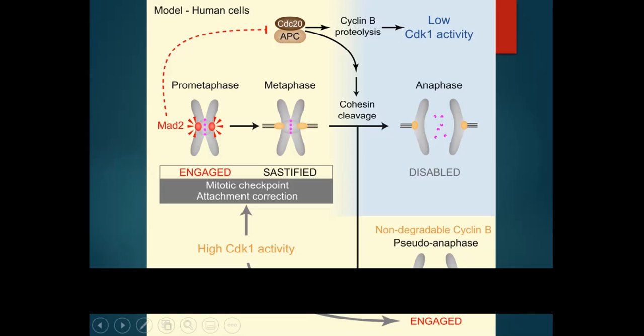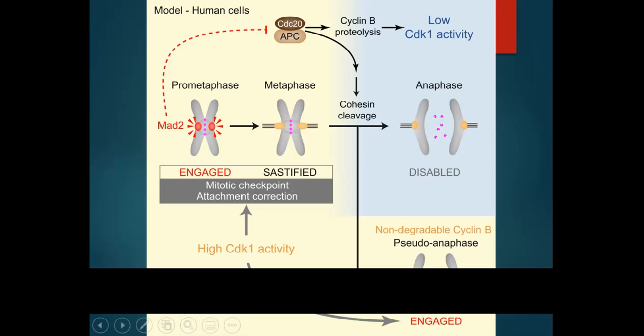Okay? Moving from metaphase into anaphase requires this complex here, which is called the anaphase promoting complex. And it does a couple of things. First, it breaks down cyclin B, which you need to destroy to move into anaphase. And the other thing that it does is it causes separase to cleave cohesin.